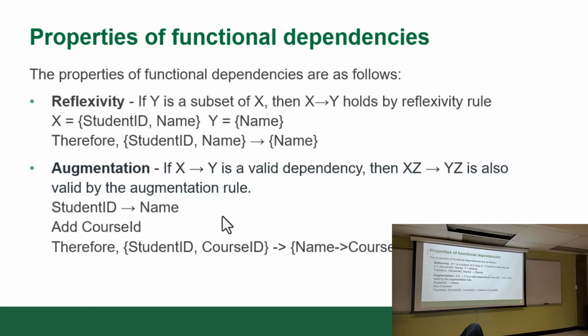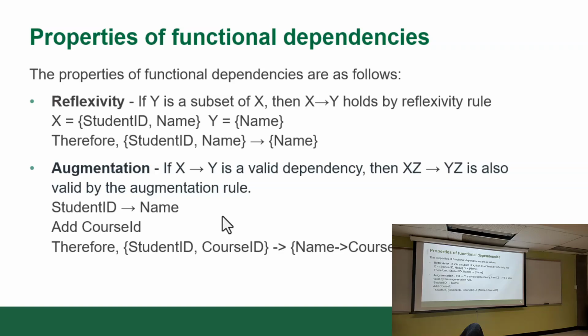There's reflexivity, man, I can't say that word, and augmentation. Reflexivity: if Y is a subset of X, then X determines Y. So X is student ID and name, Y is name, therefore student ID and name determines name. When they talk about reflexivity, it's like the reflection in a mirror.